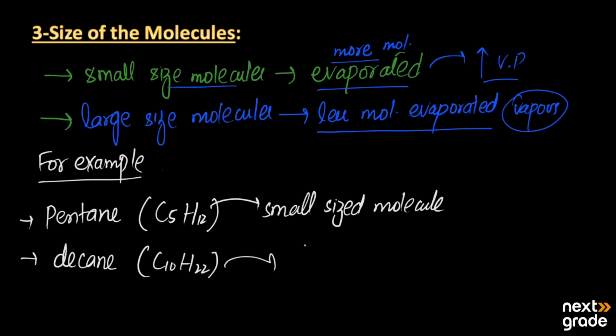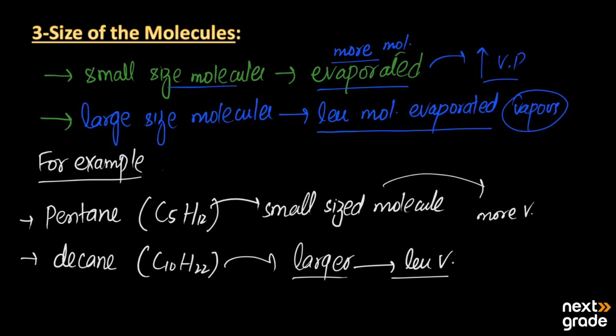Its molecules are larger. Small size molecules will have more vapors, and large size molecules will have less vapors. In turn, here the vapor pressure will be low, and here the vapor pressure will be high. So these are the simple factors that are going to affect the vapor pressure. I hope you understand, and if you have any queries, you may ask me in the comment section.